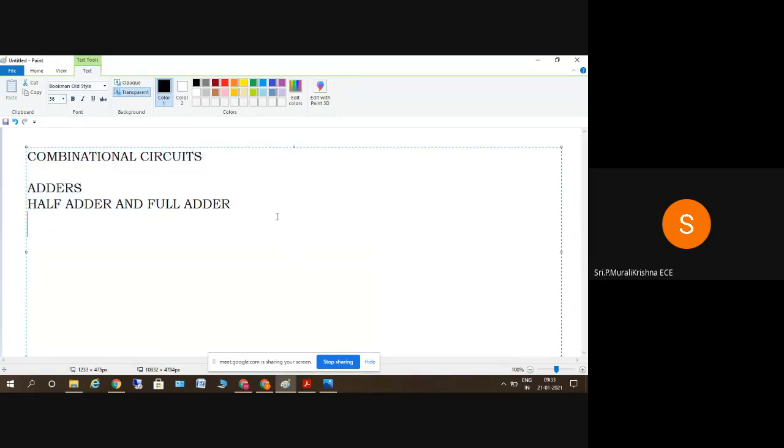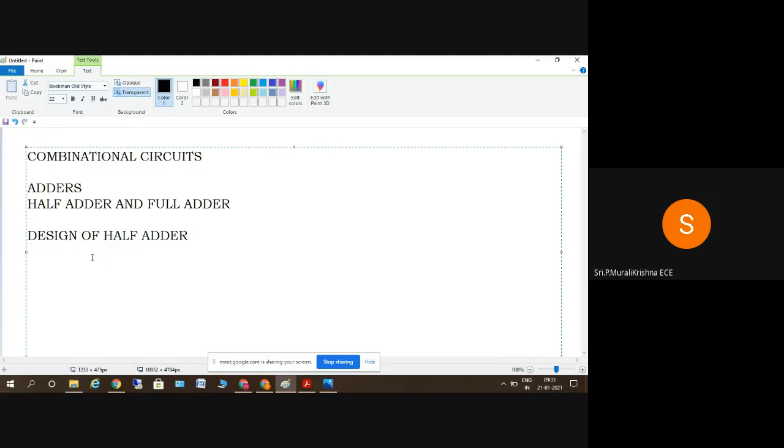Okay, so coming to the half adder. The design of half adder will be like this.